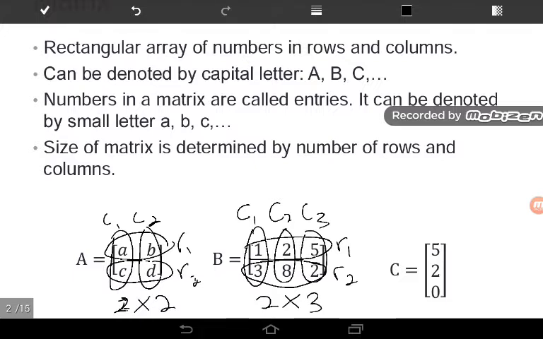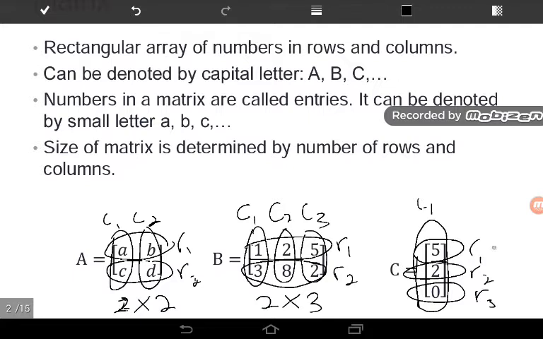Matrix C has 3 rows and 1 column, so its size is 3 by 1.